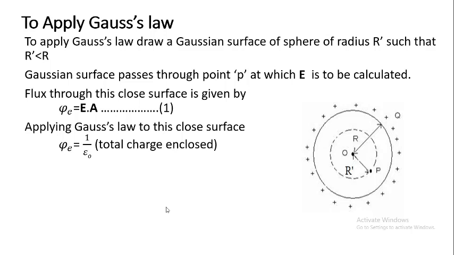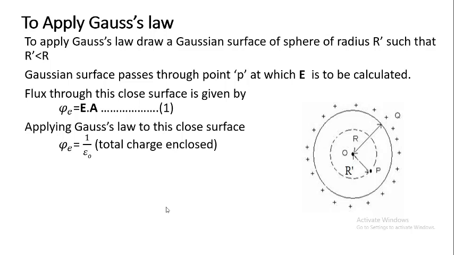Remember that we have to find electric flux by two equations, and then compare these two equations. First, we find electric flux through the closed surface by phi equal to E dot A. Then we apply Gauss's law to this closed surface, and after that we compare these two equations.